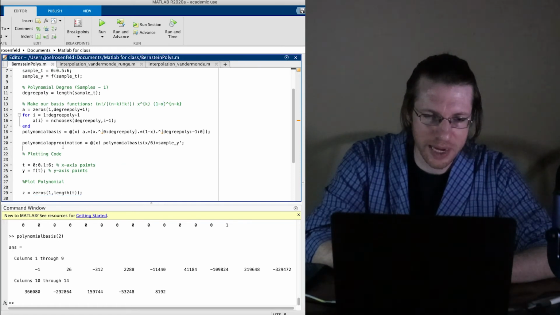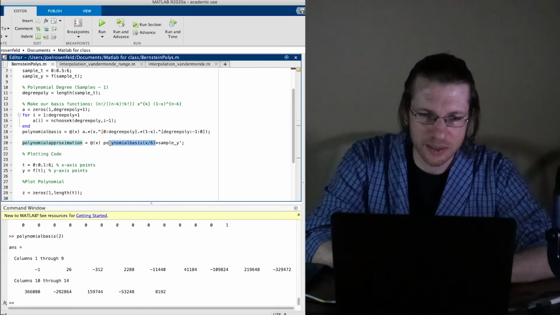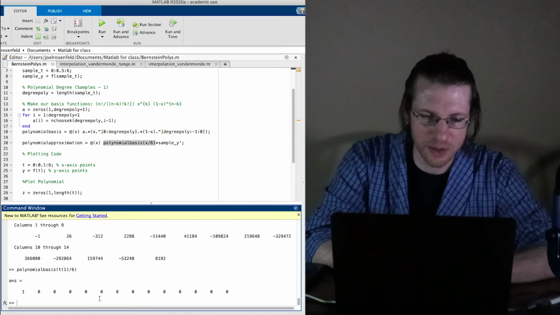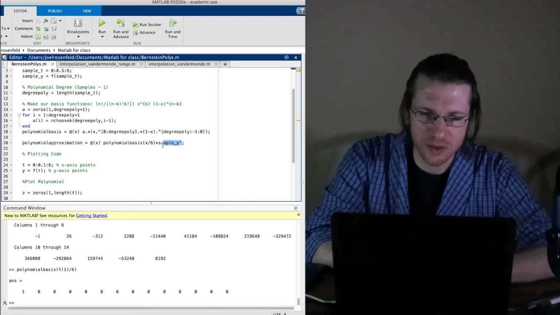All right, so the problem now lies with this one. Let's see. Polynomial basis at x over 6. Let's try putting in, say, t1 into that. All right, that worked. And what is sample y?